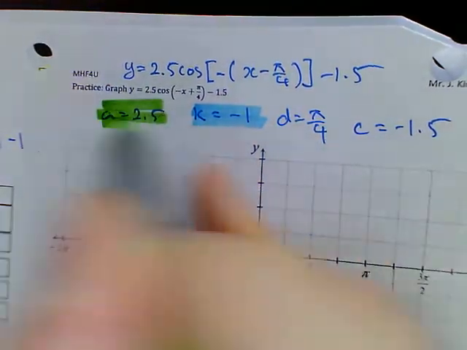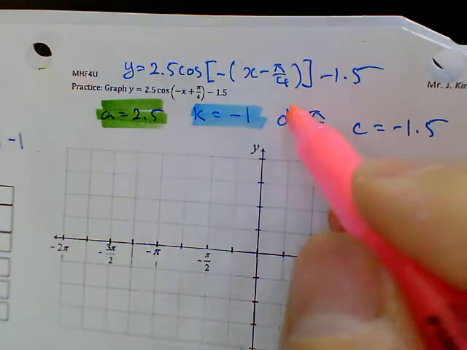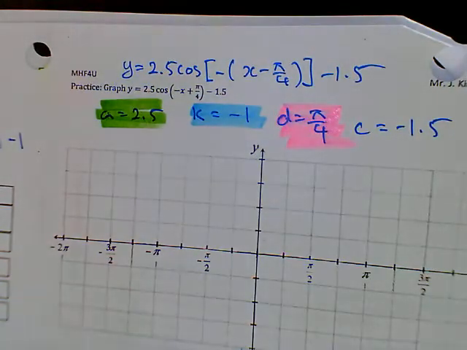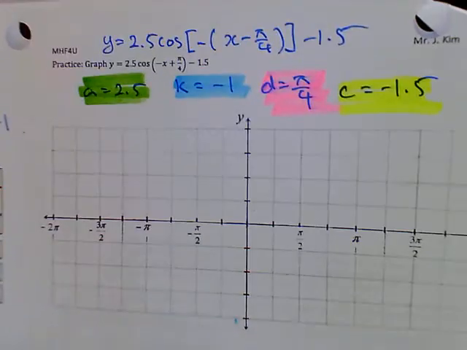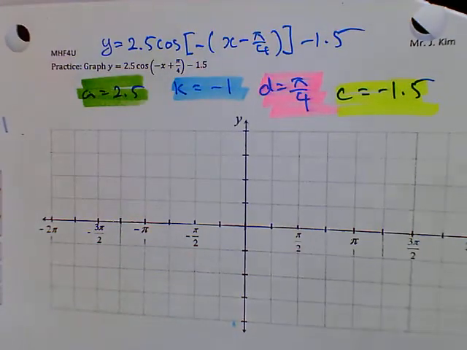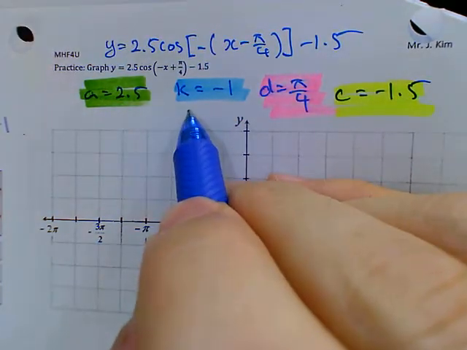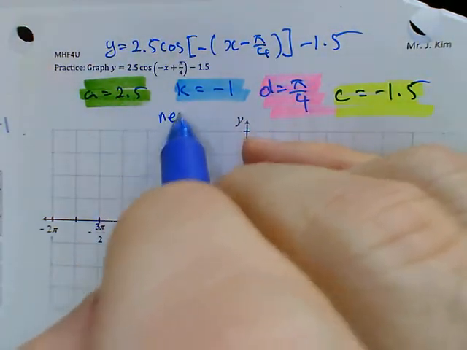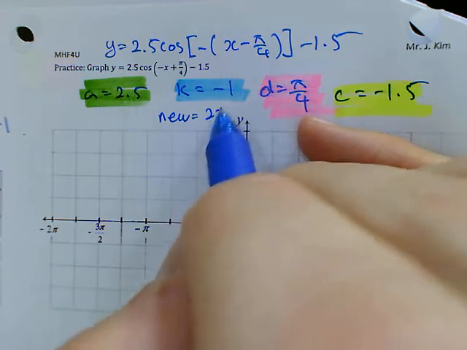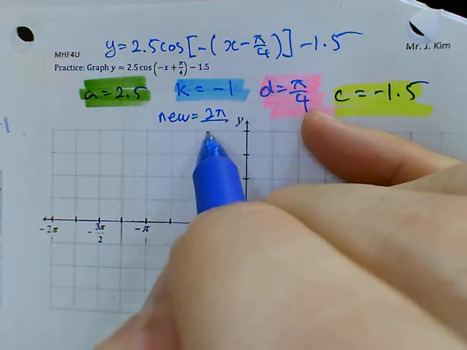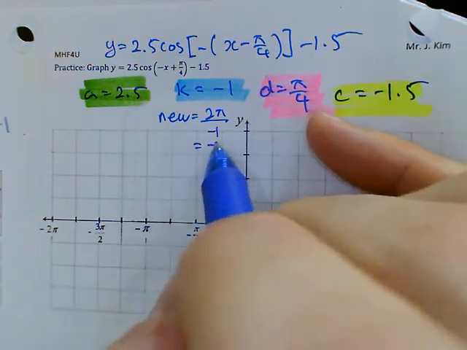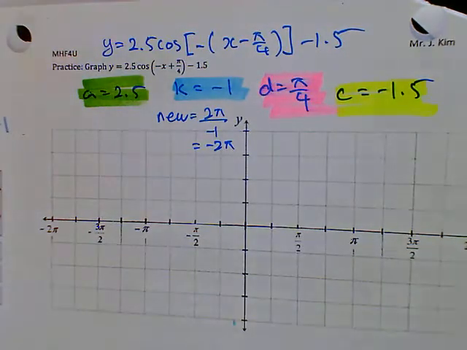Oh, my highlighters are starting to dry out on me. Okay. And also off on the side, the new period is equal to the old period divided by the absolute value of k, which is 1 over -1. My new period doesn't change, it's just on the other side. Right? Nothing changes.